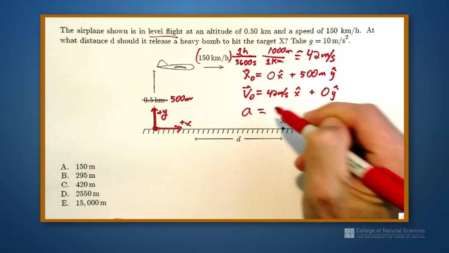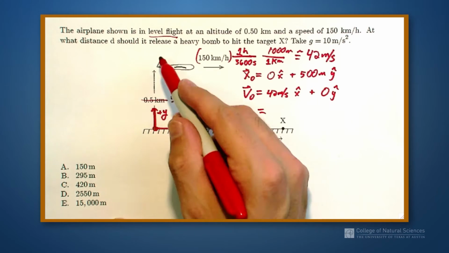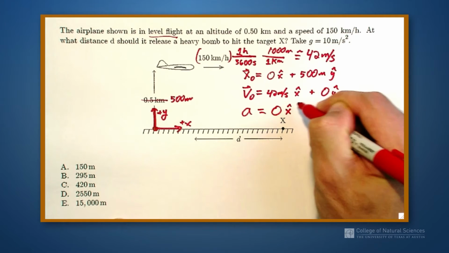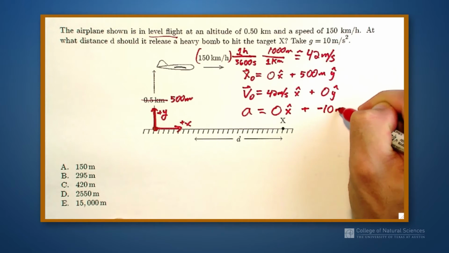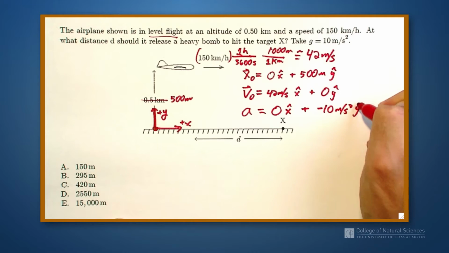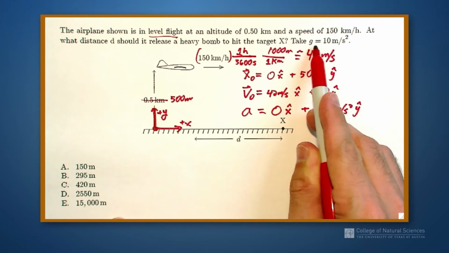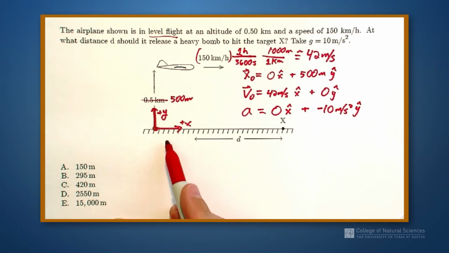My acceleration is actually a pretty easy one. Nothing in the horizontal direction, and minus 10 meters per second squared in the y direction. g is a value of 10 meters per second squared, but I know g points in the downward direction, which is opposite of my coordinate.